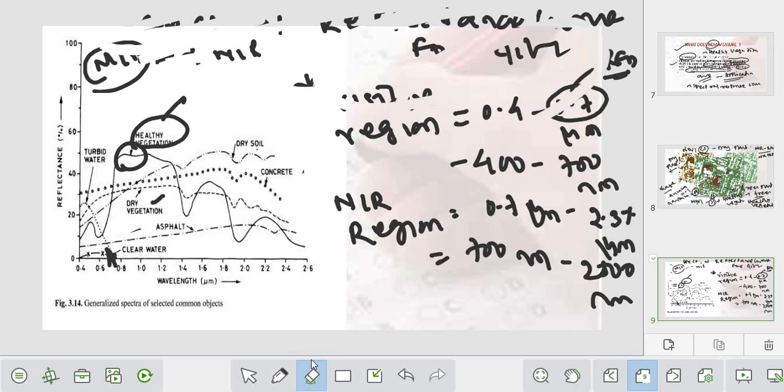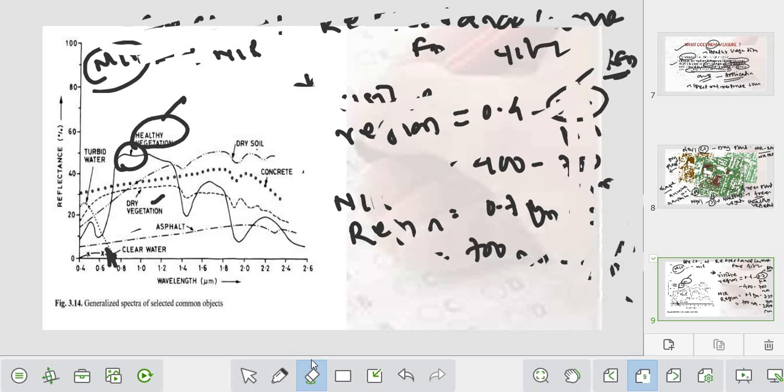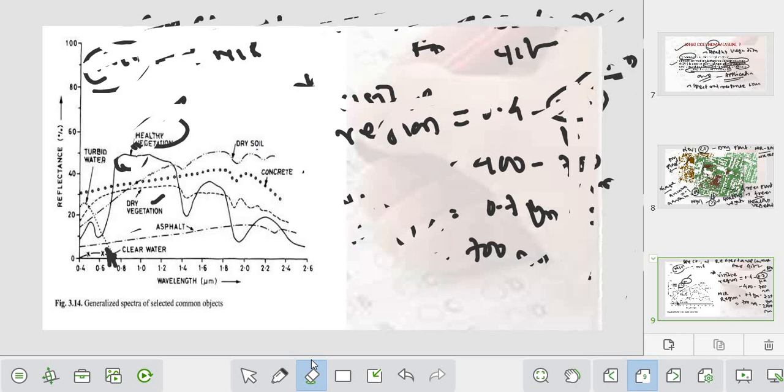What do you observe in the NIR region and red region पे. ठीक है, क्या ऑब्जर्व करते हो इस रेस्पॉन्स कर्व को देखने से पता चलेगा आपको. ठीक है, let me erase these all those things so that we can understand properly.